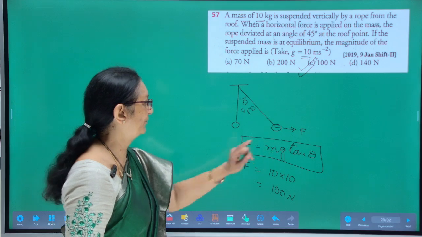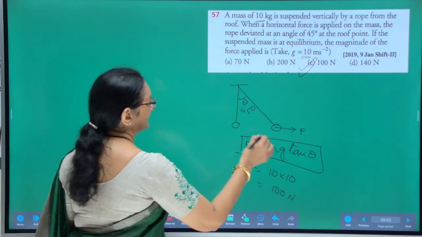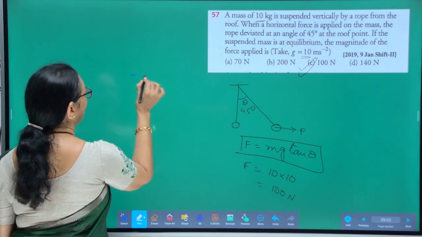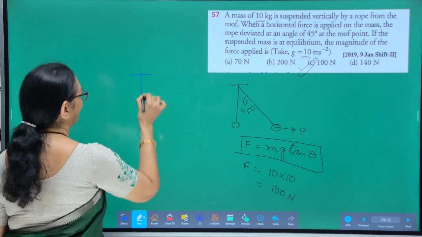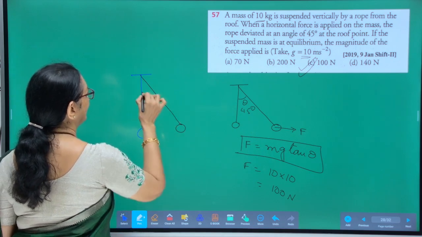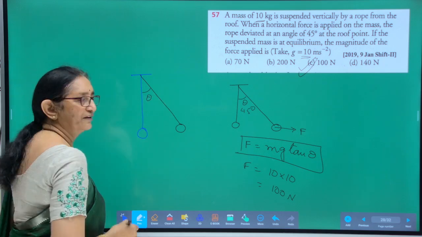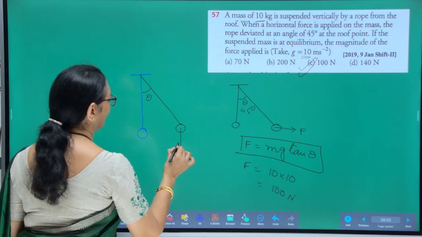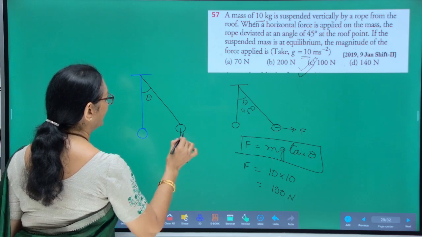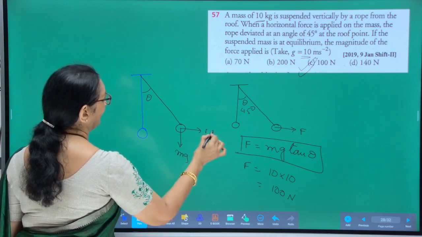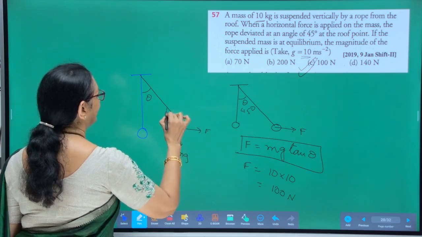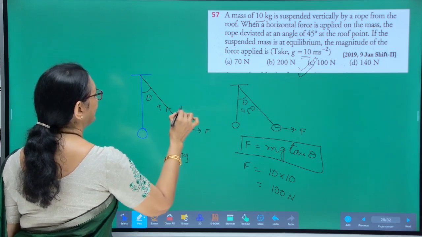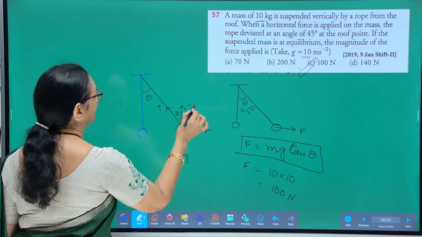I think you know the proof for that. I am just telling you the proof once again because I explained this during the explanation of the synopsis, but still I am explaining. This is mg, this is F, and this is the tension in the string. Let us resolve this tension into two components.